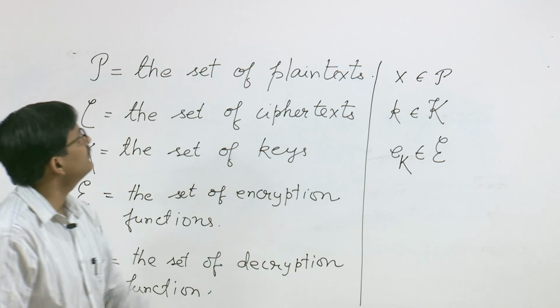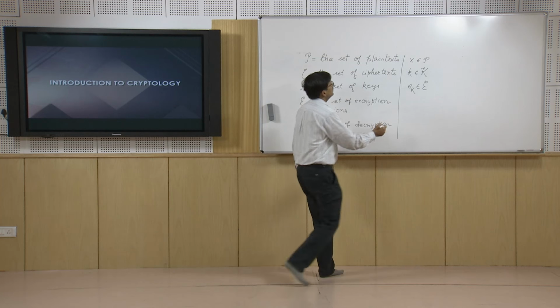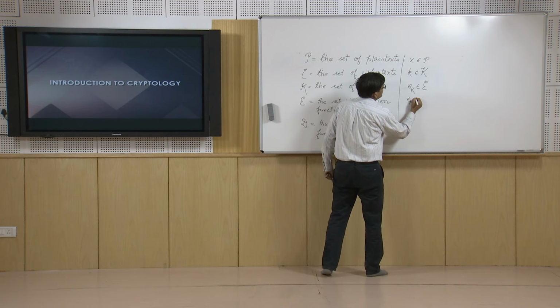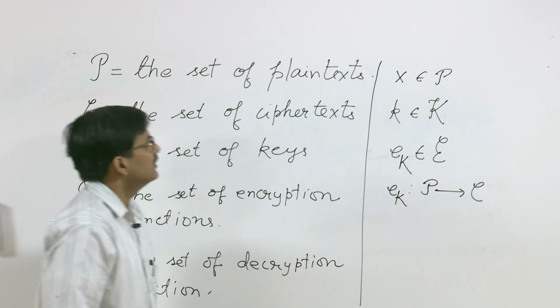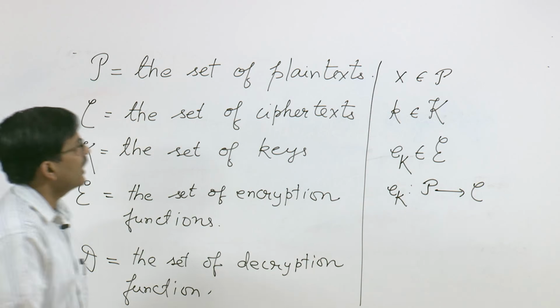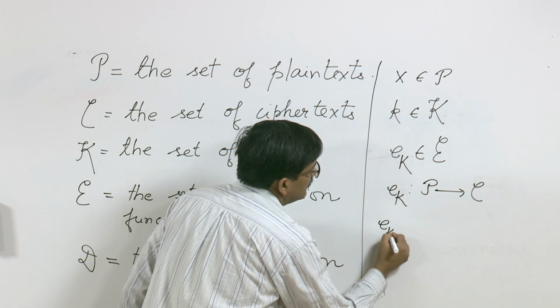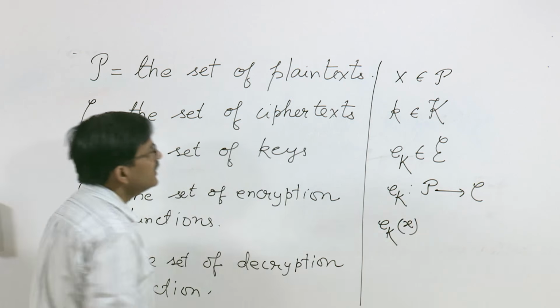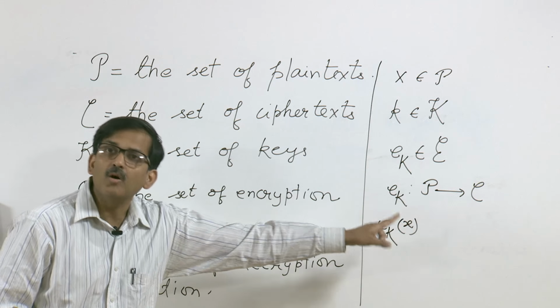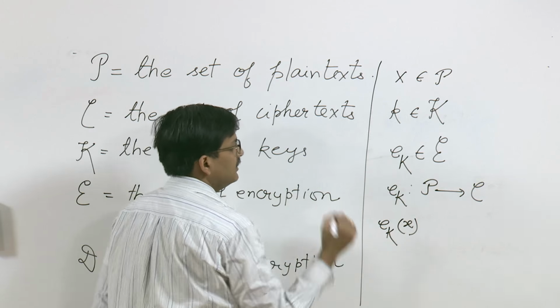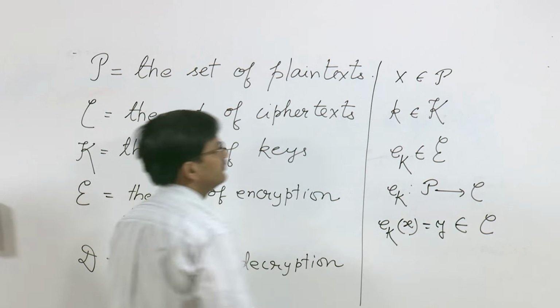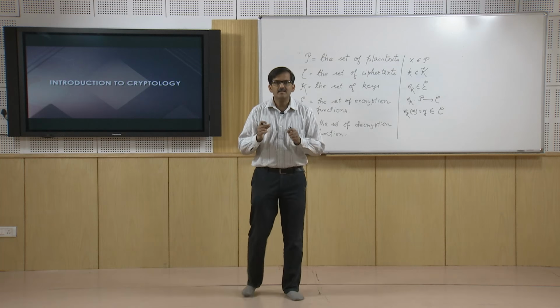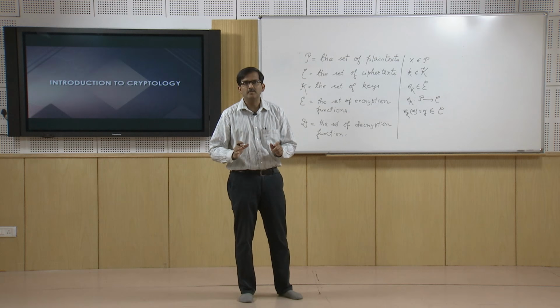This is an element of script E. Essentially this is a function from P to C. Therefore, Alice can apply this function Ek on X and get an element, let us call it Y, in C, and this is the ciphering that Alice is doing.